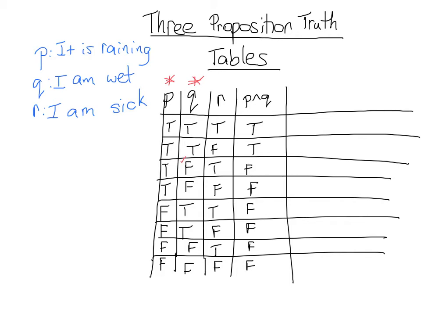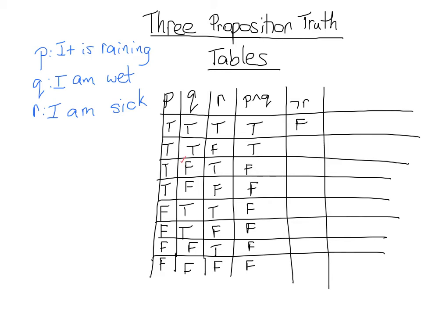Now, as you can see, nothing really changed except for the fact that we're no longer looking at the pattern, but we actually have to understand what the symbol does and what it means. So let's do not R. If we're looking at what not R would be as an example, it would be everything that is the opposite of R. So if R, which is I am sick, is true, then I am not sick must be false.